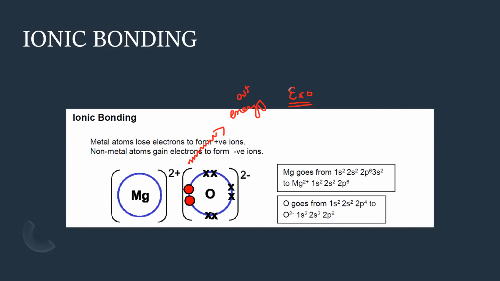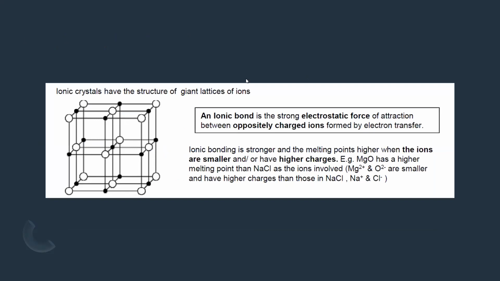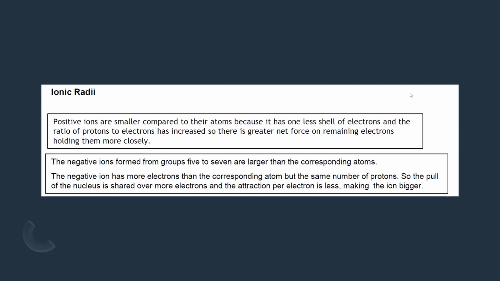As the ions come closer, they release energy, and we call this energy lattice energy. So when ions arrange themselves in a regular pattern and release energy, we call that lattice energy.